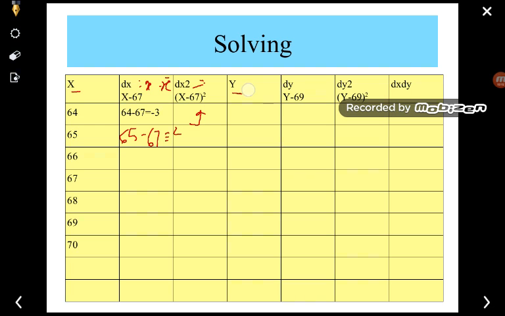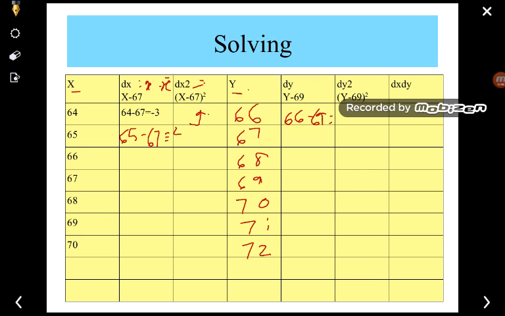Similarly, we have to go for the y variables. First we have to write down all the y variables, that is 66, 67, 68, 69, 70, 71 and 72. We know the y bar is almost 69, so we have to subtract it from the observation, that is 66 minus 69.